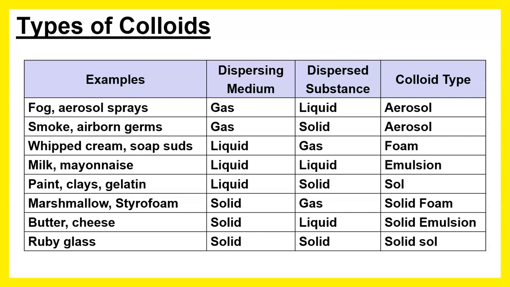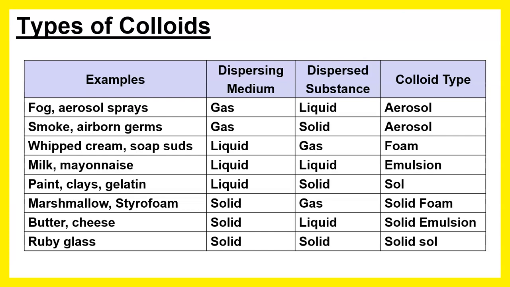Milk is the most common example. So you can see here a lot of things that you might think of as liquids like milk or even solids like butter are actually this strange type of not really a solution. They're called a colloid.